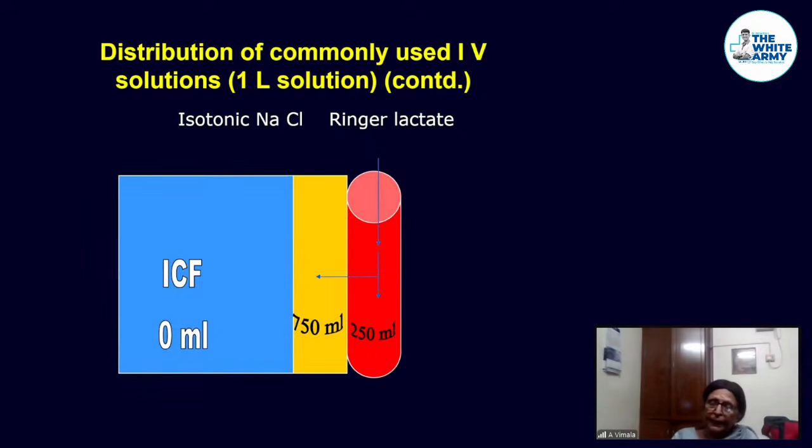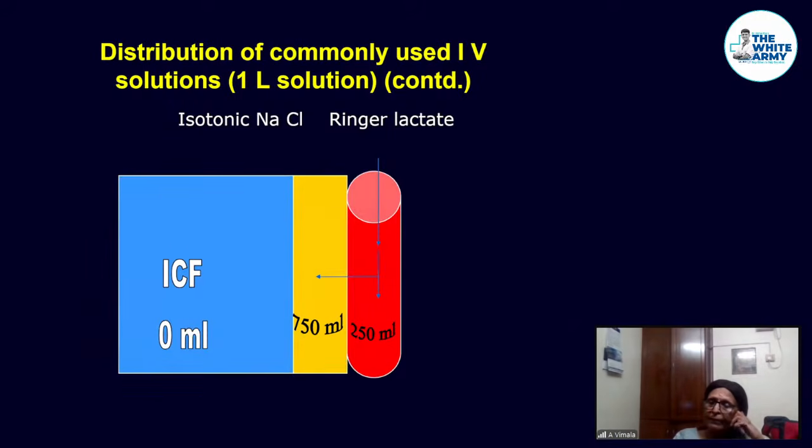That is why, if somebody has lost 750 ml of blood, it is not enough to give 750 ml of saline, because only 250 ml will go to the vascular compartment. You have to give 3 times the volume of blood that is lost if you are planning to give saline. It does not replenish the intracellular compartment.